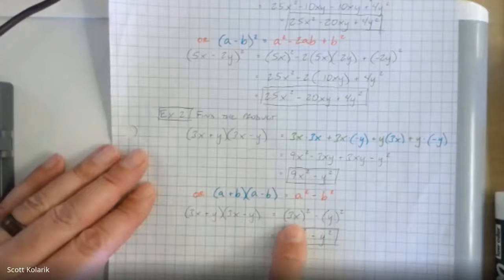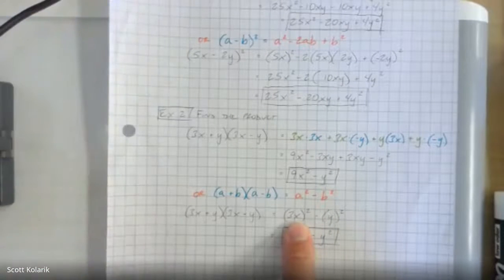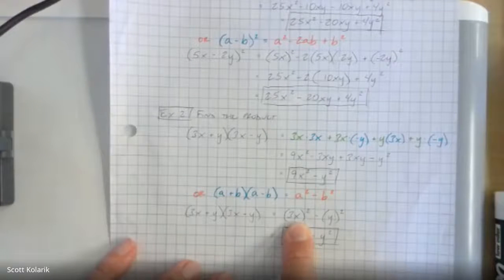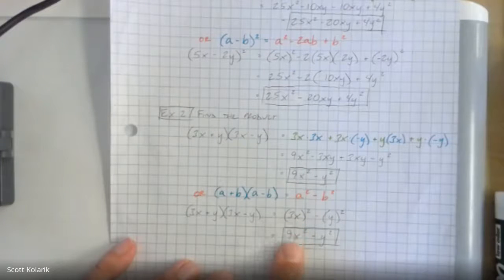Now be careful here. A common mistake: students will see 3x and think, oh, my answer is going to be 3x squared. That tends to be a common gut check reaction. But if I'm squaring all of 3x, technically that means I'm saying 3x times 3x, which would actually give me 9x squared. Be careful of that.